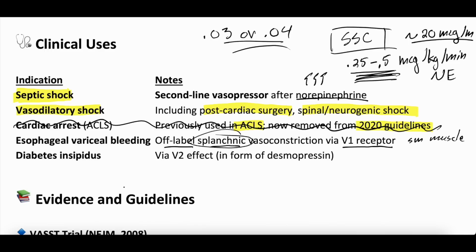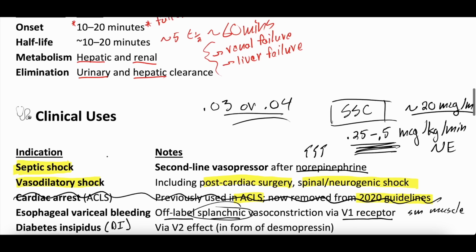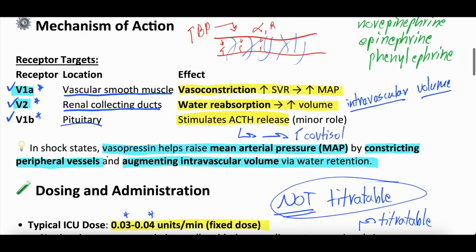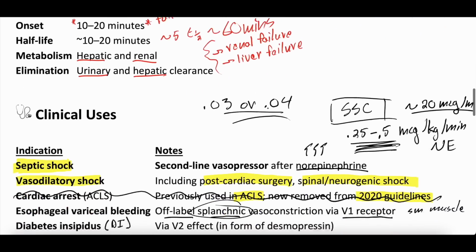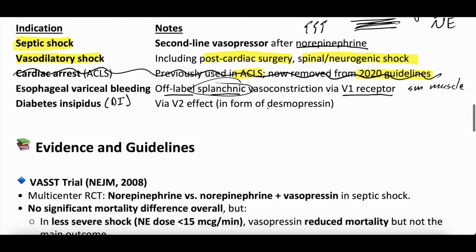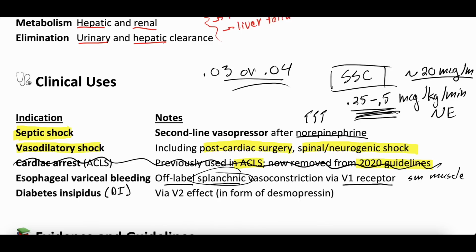And then diabetes insipidus, okay? So diabetes insipidus, or DI, this is not being used as a vasopressor here, but you can, via the V2 effect, right, if we go back up to receptors, V2 was one of the receptors used, and that causes water reabsorption, right? So this essentially helps you in patients with diabetes insipidus reabsorb water so that you don't have as much hypernatremia.